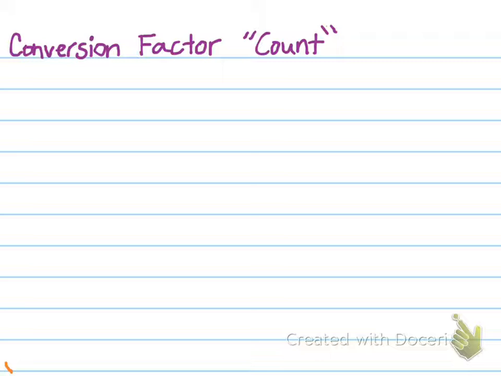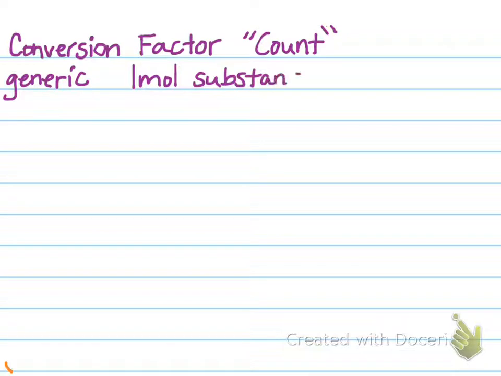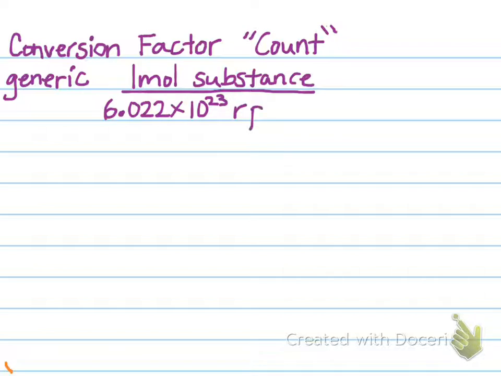This one that we're going to talk about right now is our conversion factor for counting. We have a generic conversion factor, and you're welcome to put the generic one on your index card, which says that 1 mole of substance is 6.022 times 10 to the 23rd representative particles.